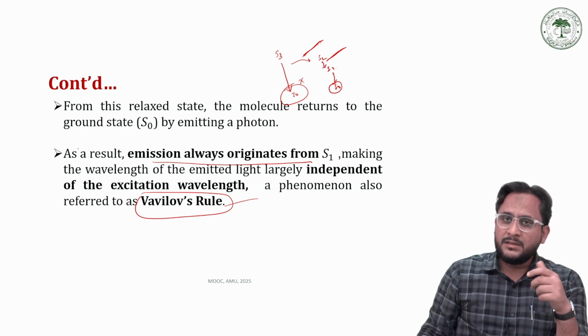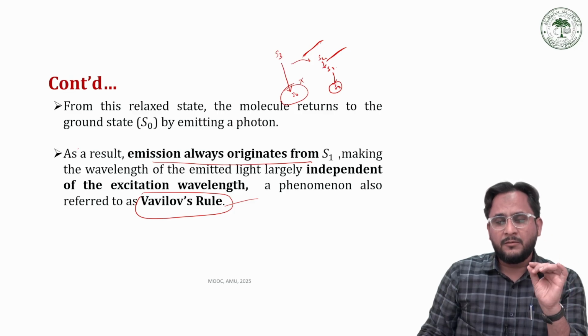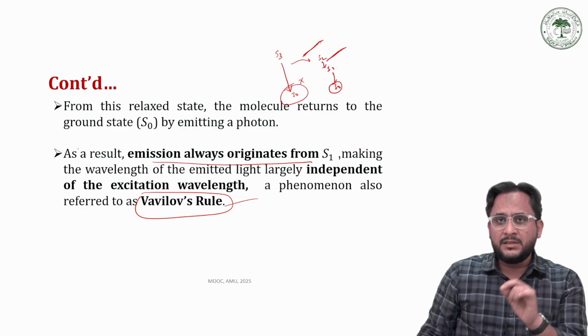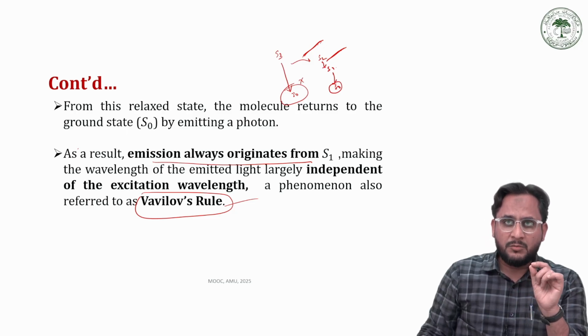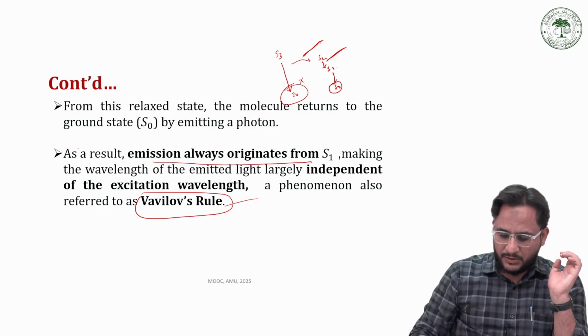The excess energy is already lost in the excited state, and the very small amount of energy that is left is emitted when the electron comes back finally to the ground state. So this wavelength is independent of the excitation wavelength.